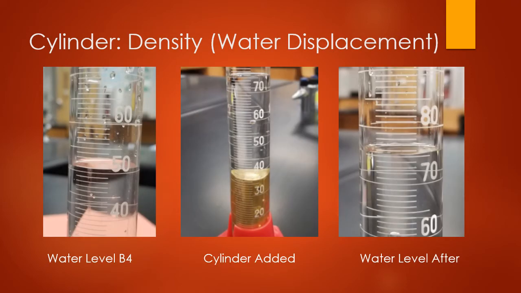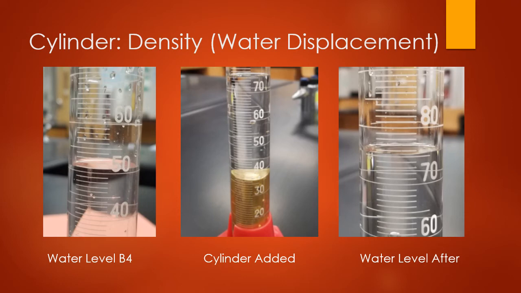Next, we're going to take that same cylinder and we are going to measure the density of it once again. But this time we're going to measure it through a process called water displacement. So instead of figuring out the volume of the cylinder by taking measurements with a ruler, we're going to figure out the volume of the cylinder through water displacement.